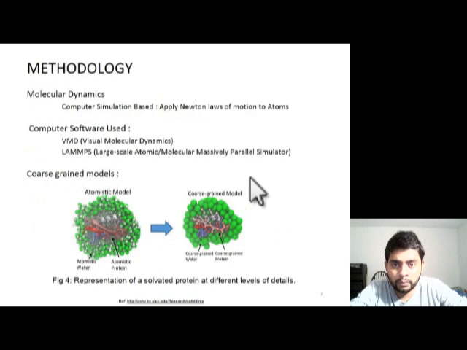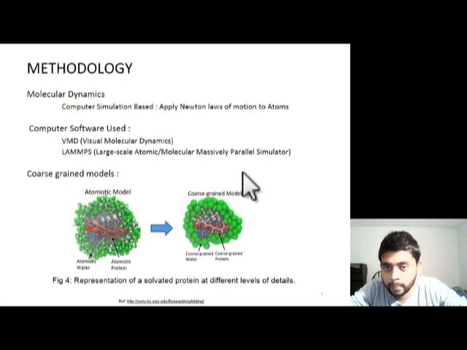We use molecular dynamics for our research to simulate the motion of atoms. We applied Newton's laws to atoms, and also we use computer software, visual molecular dynamics for visualization, and LAMMPS to set up the environment.